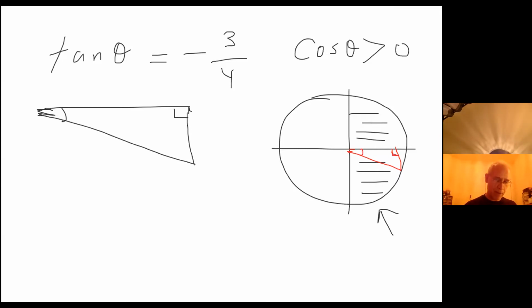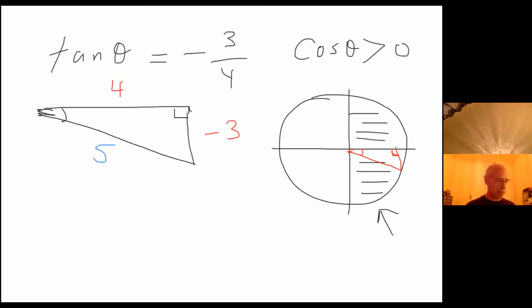Well, we know that tangent is opposite over adjacent. So opposite, since we decided I'm in quadrant 4, is -3, and adjacent is 4. Okay. Well, using Pythagoras, a squared plus b squared equals c squared, this is 5. So this is the famous triangle, 3, 4, 5.